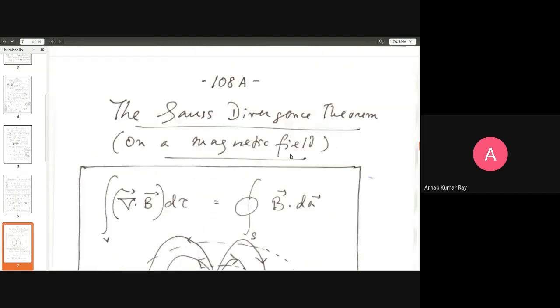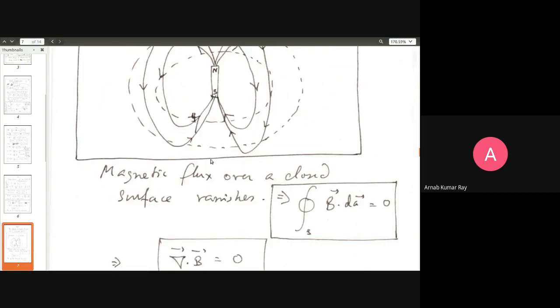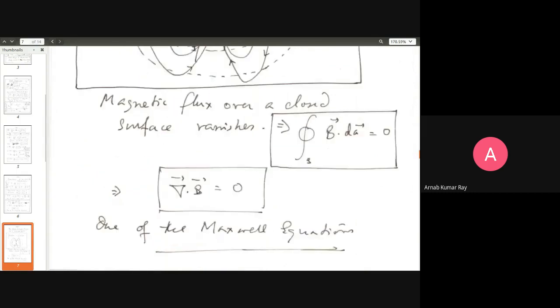So as you can see, these things have got real world relevance. Divergence of B is equal to 0. Incidentally, this also has a good deal of relevance in the phenomenon of the aurora, aurora borealis, aurora australis.